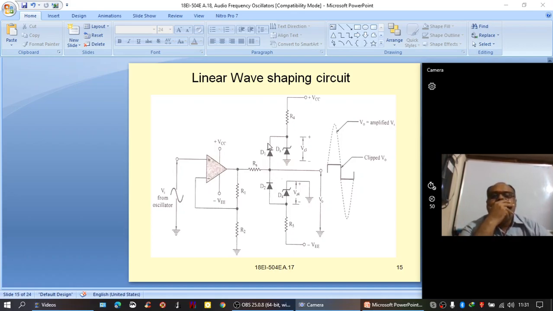When diode D1 will conduct, this output terminal is connected through D1 to the reverse biased Zener diode D5. With supply voltage VCC, here Zener diode is connected in reverse bias. In reverse bias, it acts as a regulator.